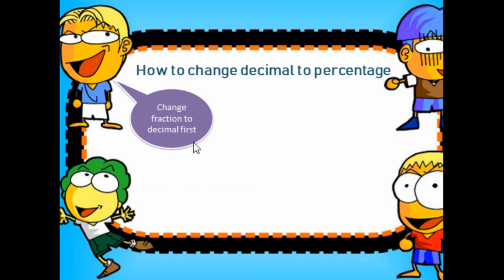If the given item is in its fraction form, you have to change it first to decimal form. Step 2: move 2 decimal places to the right. Remember, when we change decimal to percentage, we move 2 places to the right, since the 100 in the percentage form has 2 zeros, just to make your solutions easy.